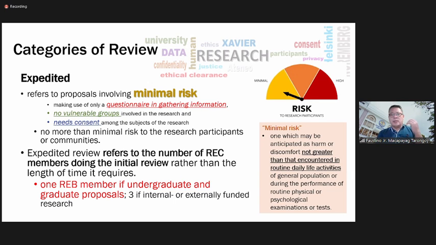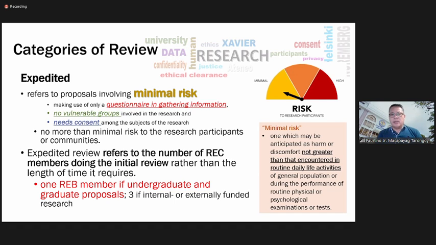So, for example, for an expedited review for undergraduate or graduate proposals, only one research ethics board member will fully read that one. Okay, and then there is a document in which your proposal is going to be assessed. There are criteria in which it's going to be assessed if it passes ethical considerations.